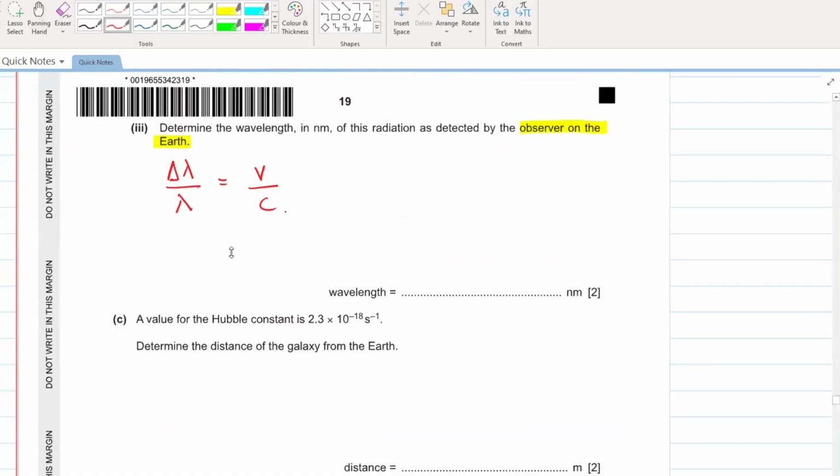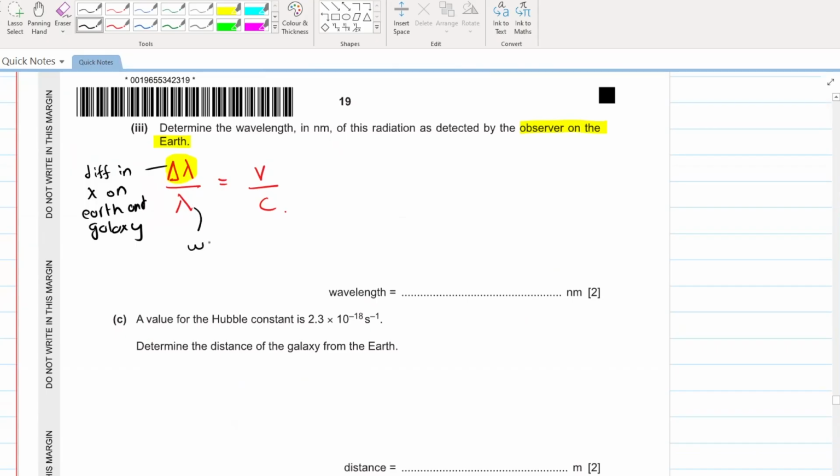Let's understand this carefully. Change in lambda is basically the difference in lambda between the Earth and the galaxy. What is this lambda?